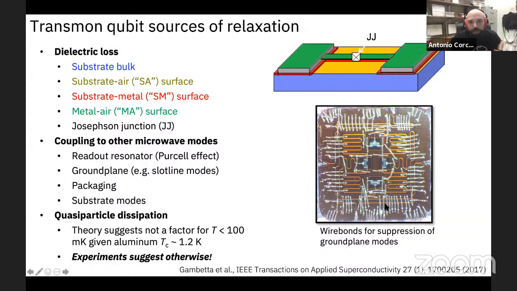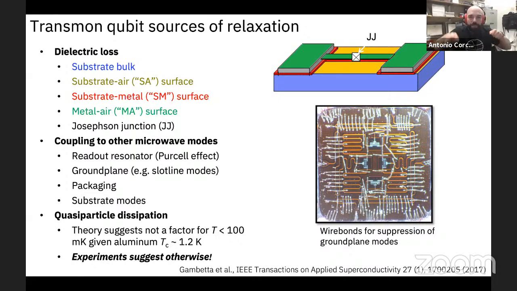Another example, as we have in this picture, is that the chip that contains the qubits will have some particular size, and that size will have a natural resonant mode. For some particular sizes of the chip, you will have that mode at a frequency that starts approaching the frequency of our qubits, which is about a few gigahertz. And there are some modes that can be like a slot line across the resonators that we use to read out or drive our qubits, and we can try to pin that mode.